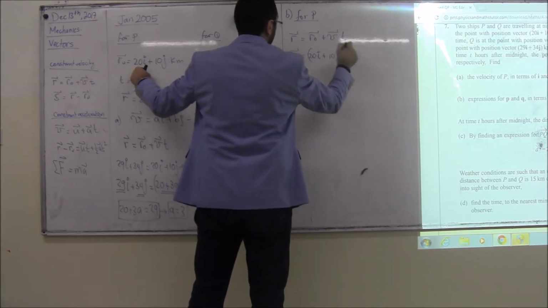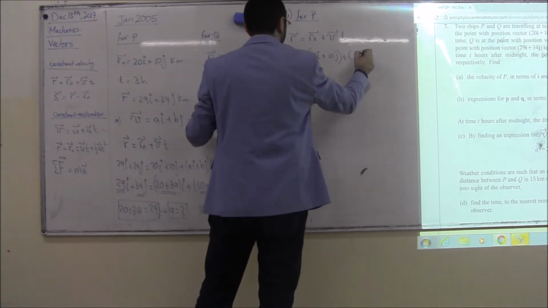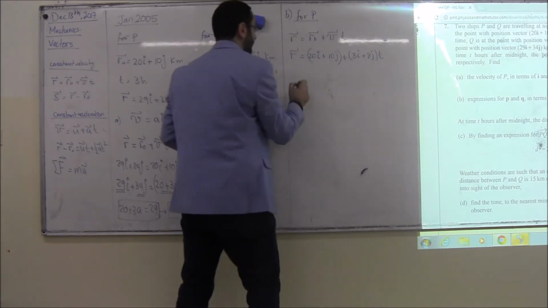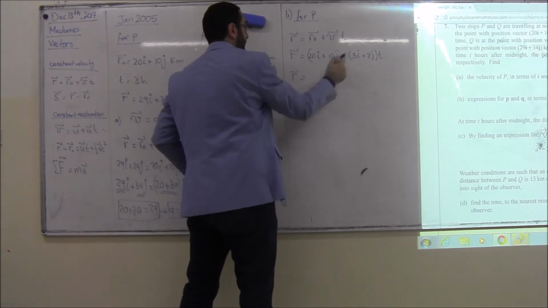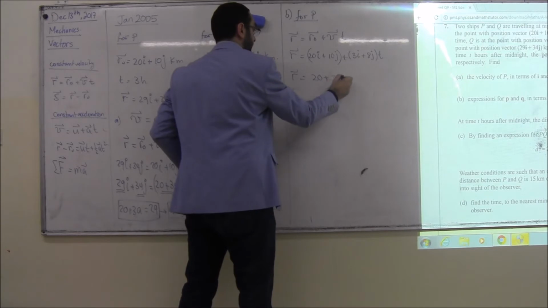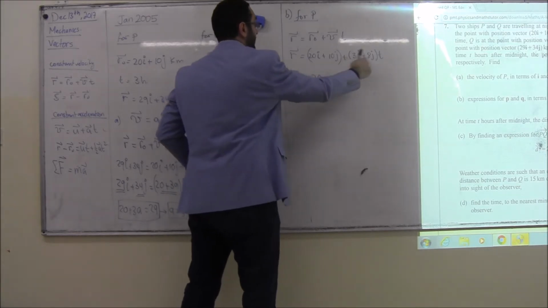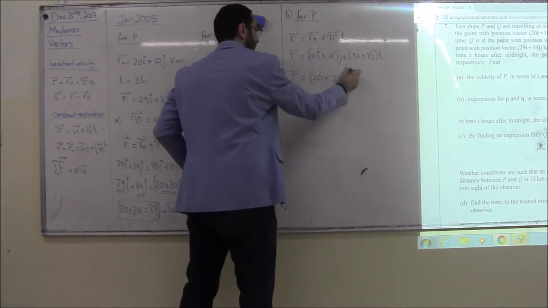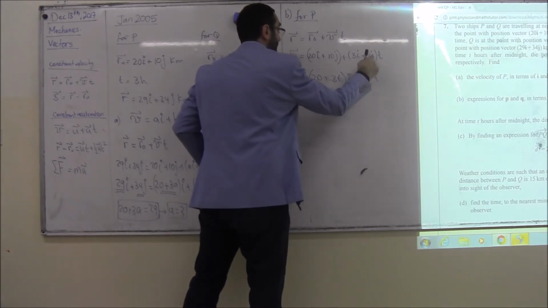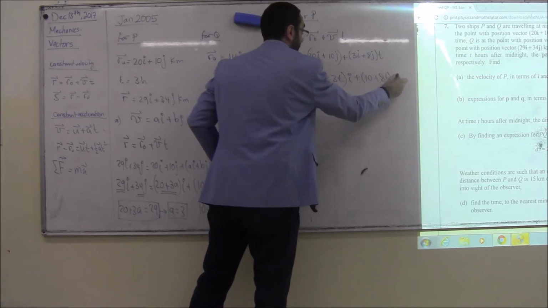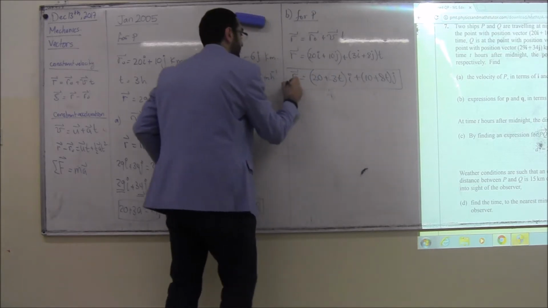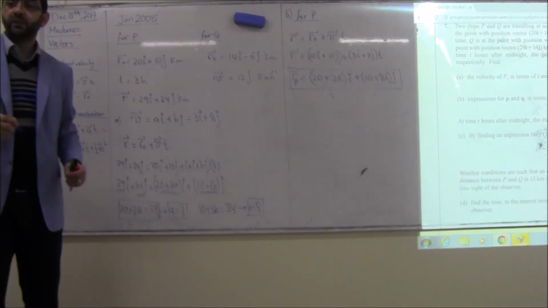Constant velocity V equals 3I plus 8J, times T. As usual, we simplify: (20 plus 3T)I plus (10 plus 8T)J. This is the position vector of P.